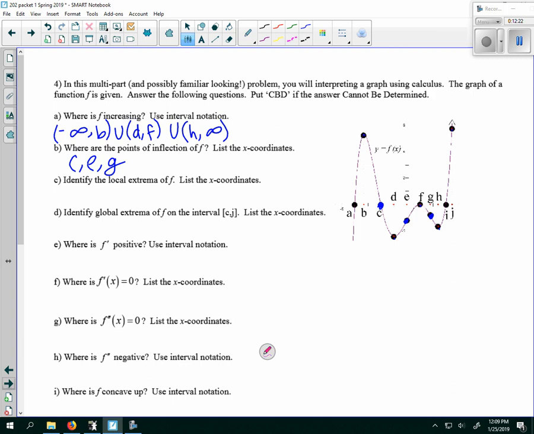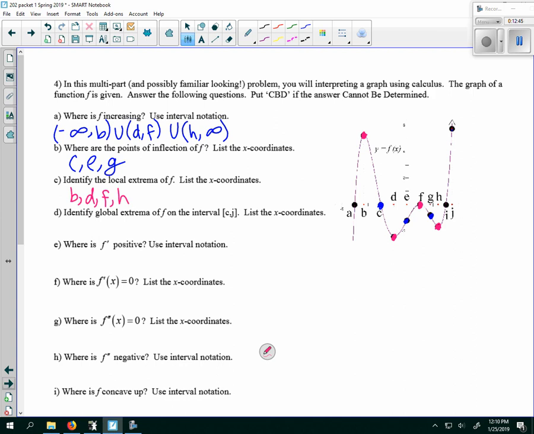So I have a maximum here, minimum here, maximum, minimum. So I'm going to list the x coordinates of all 4 of those extrema. So that would be B, D, F, and H.